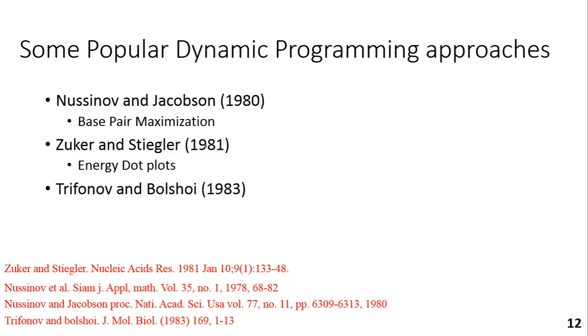Then in 1981, the energy dot plot method was proposed by Zuker and Stiegler, followed by Trifonov and Bolshoy's method in 1983. For your reference, I am providing the citations of all these papers that we have just talked about. You can download these papers from PubMed or any other sources and read them so that you get used to this concept.